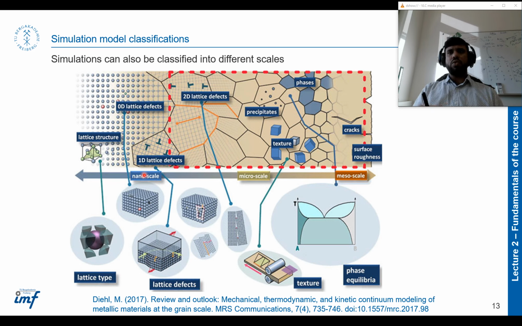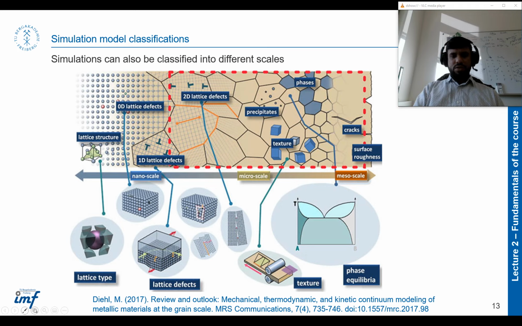So not only to talk about the material modeling on the macroscopic scale, but also on the meso and microscopic scales. And then how those small models work is also of interest.